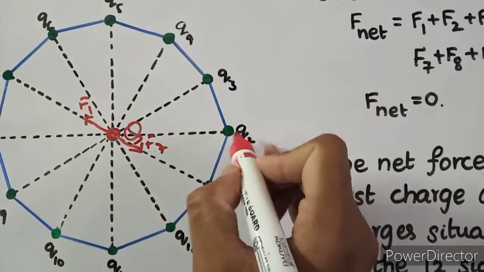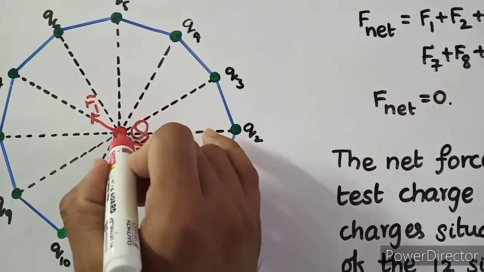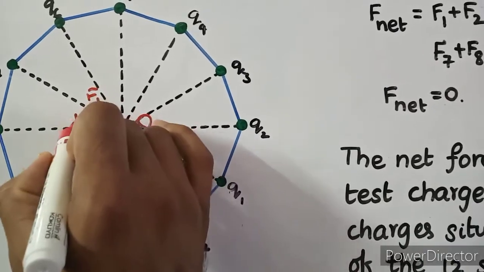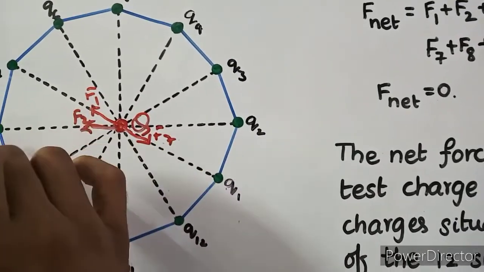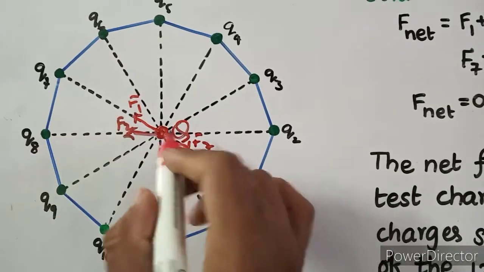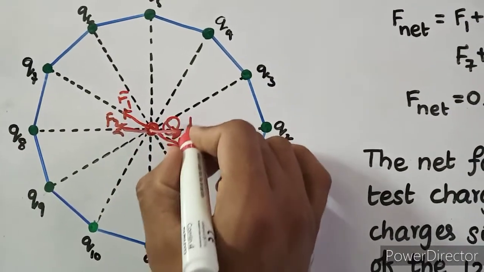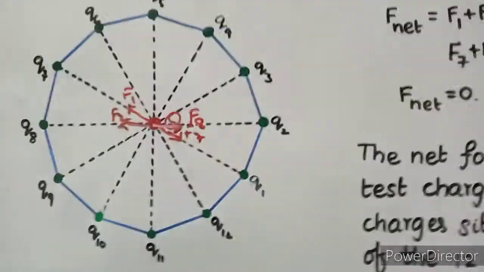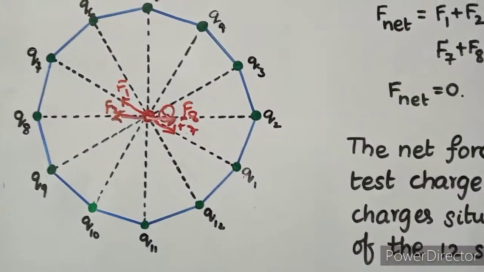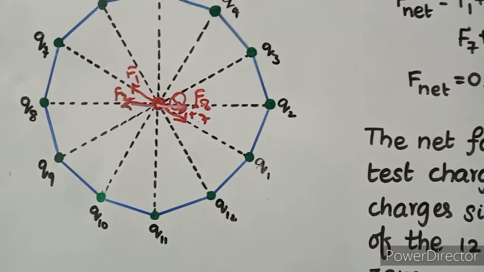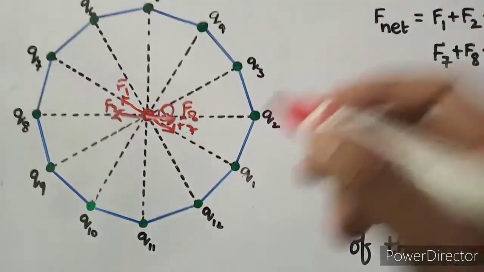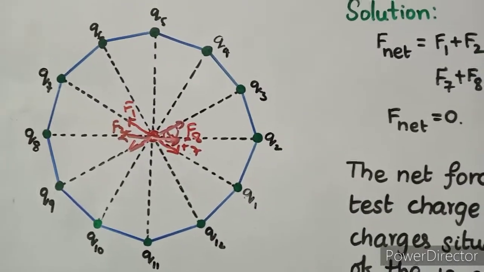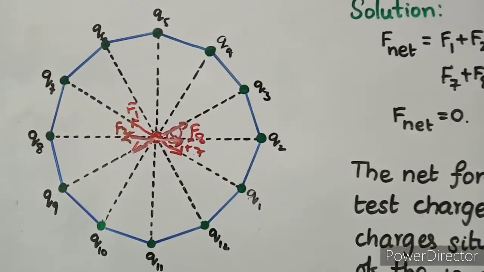Then again, if I consider Q2, the force due to Q2 on this test charge will be in this direction, that is F2, and the force due to Q8 on this test charge will be in this direction, that is F8. Both are in opposite directions and they are equal also, so both will cancel each other. In the same way, all the forces cancel with each other because of equal and opposite directions.